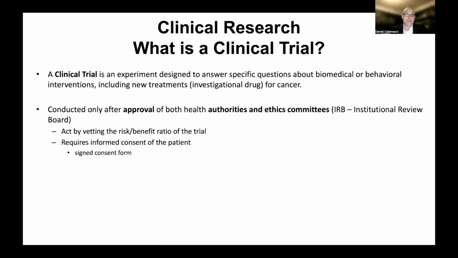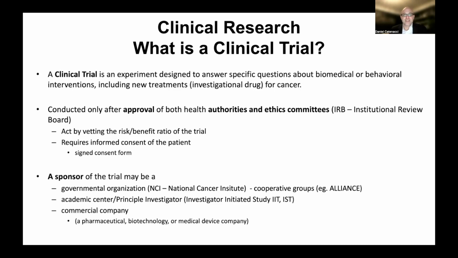And they vet those, and they look at what are the potential risks and what are the potential benefits, and is this an ethical thing to be doing? It does require informed consent, which means we review all of the aspects of the clinical trial in a clinical trial consent form that is then signed by the patient.